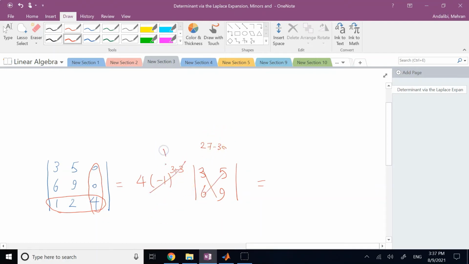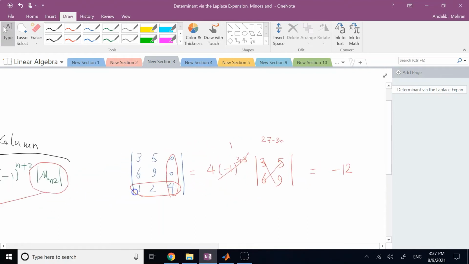This is 1, and that is going to be -12. Done. So I'm definitely not interested in expanding with respect to the first row, second column, or third row. Even if you did the first row or second row, at least one of them is 0. But definitely the answer is the row or the column with the maximum number of zeros.